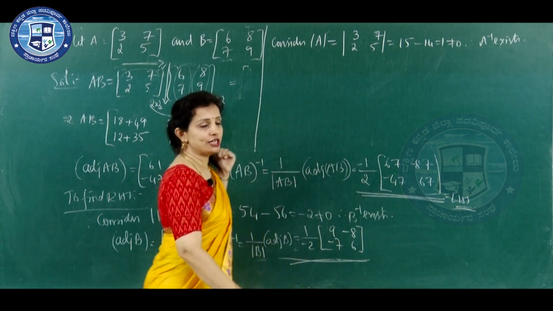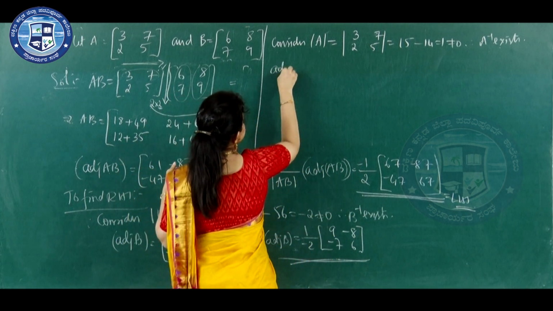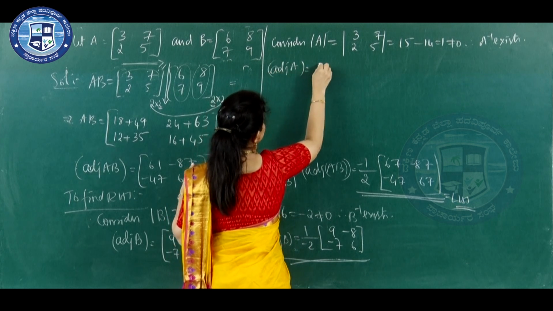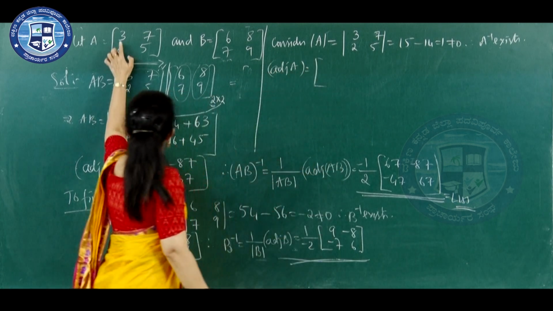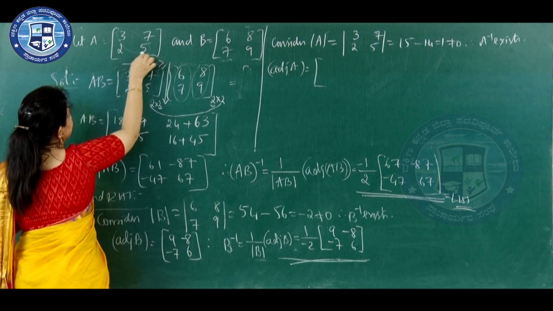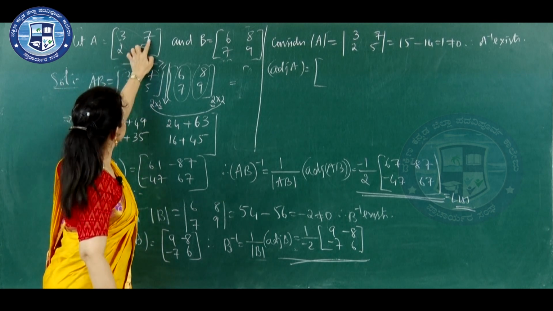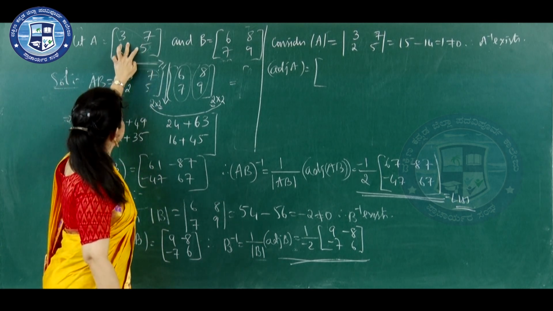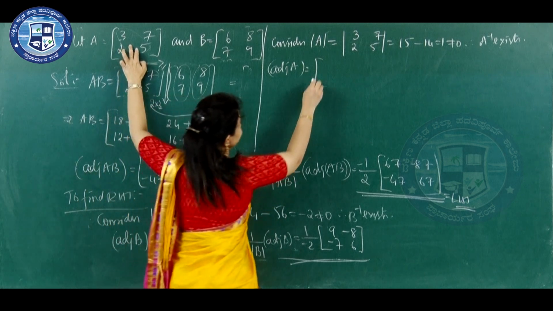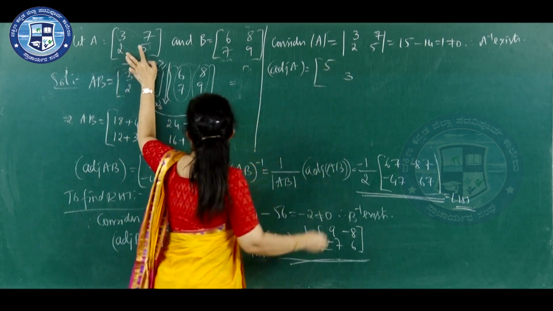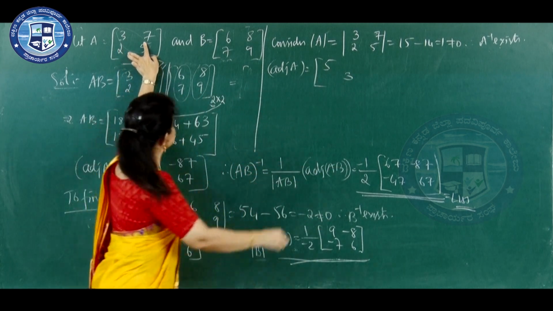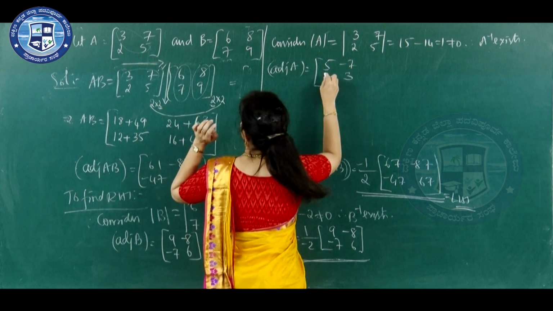Now, to find adjoint A. Adjoint A is equal to, interchange the diagonal elements. Here the diagonal of A is 3, 5, with 7 and 2 off the diagonal. Interchange the diagonal elements, 5 and 3, here we have. Change the sign of other two elements, minus 7, minus 2.